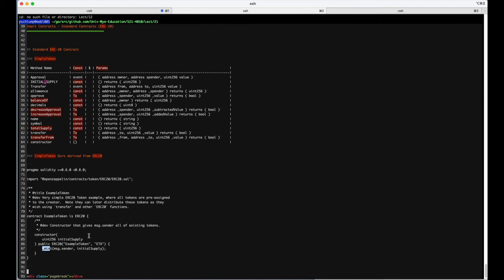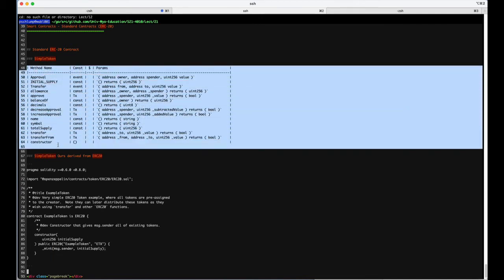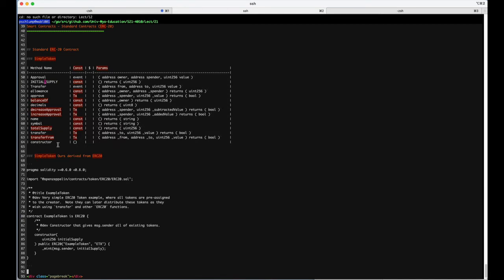Now, if you looked at this contract and you say, what does it do? You would have to go digging through what is the set of things that is an ERC20 contract. And for this particular token, I went up here and I made a table that lists what these things are.